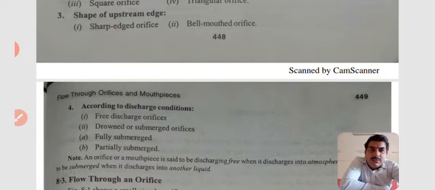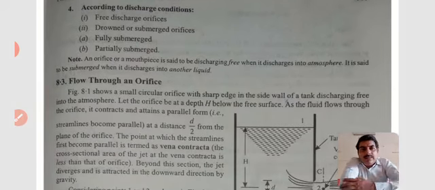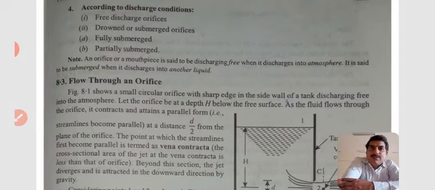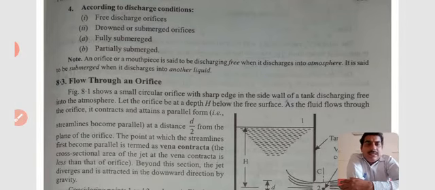Next, according to discharge conditions, there are 2 types: free discharge orifices and drowned or submerged orifices, fully submerged or partially submerged. Note: an orifice or a mouthpiece is said to be discharging free when it discharges into the atmosphere. It is said to be submerged when it discharges into another liquid.